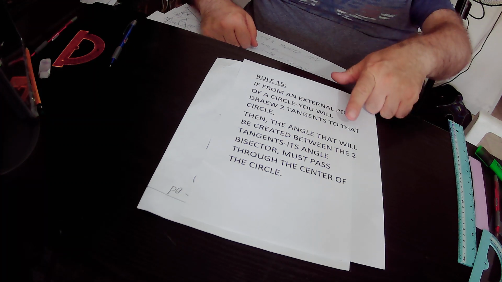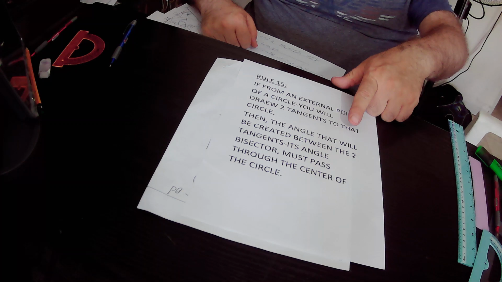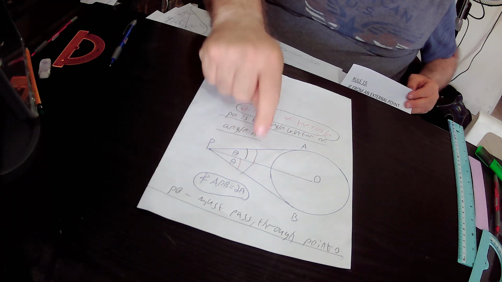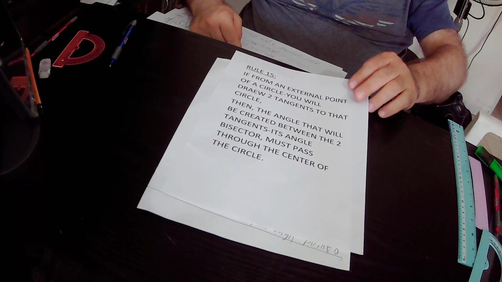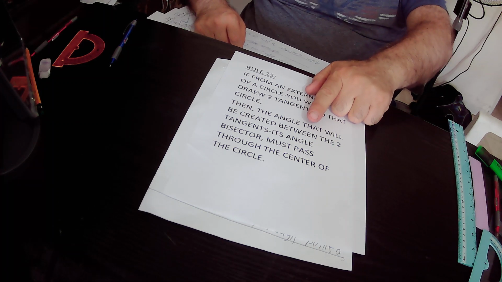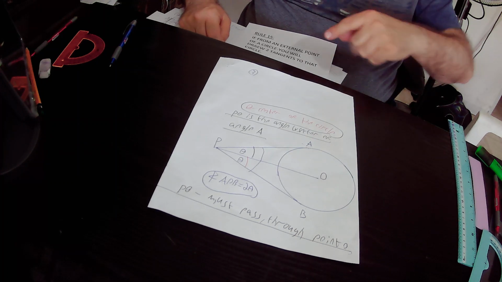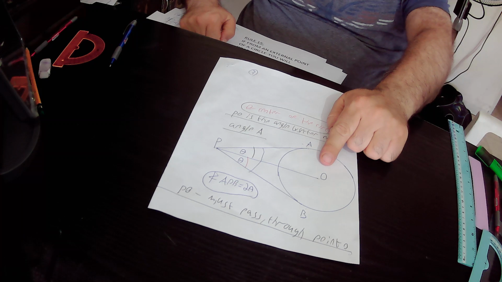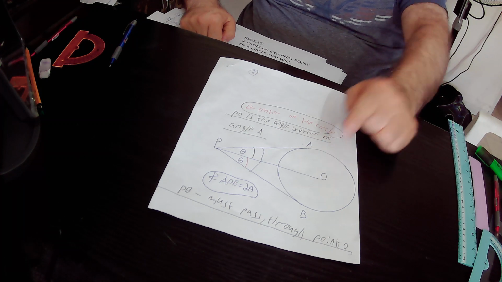Then the angle that is created between the two tangents is angle APB. This angle APB, its angle bisector must pass through the center of the circle. The angle bisector of this angle APB must pass through point O, the center of this circle.